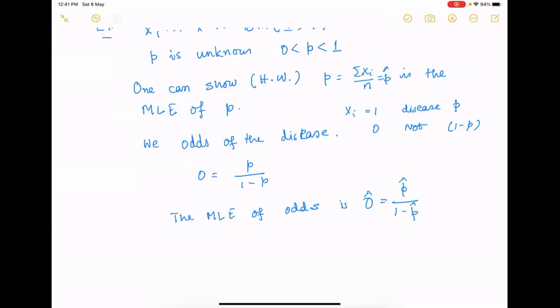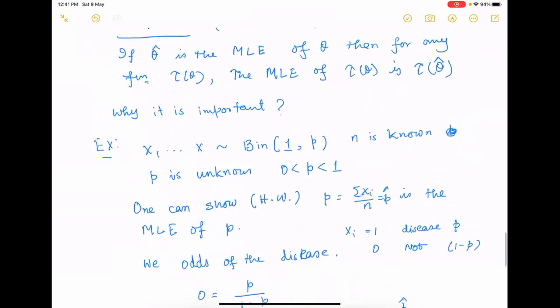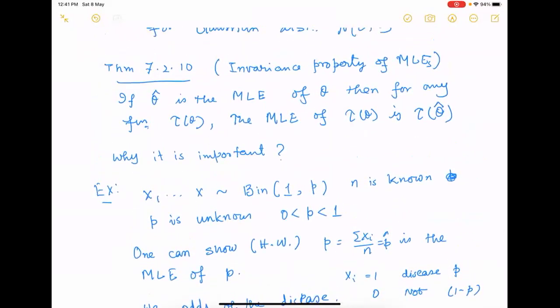Fine, no problem. You just plug it into the MLE. The resulting output is also an MLE. That is what this theorem is talking about. If you have theta hat MLE, and you have a function tau(theta), you plug it in and you get it. And I checked it. The one-to-one correspondence is also not necessary. The way it is being proved, that assumption is not needed, so even if it is not one-to-one, it is still valid.